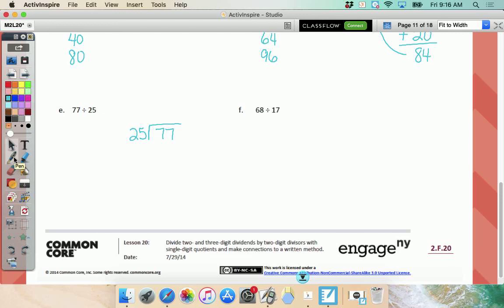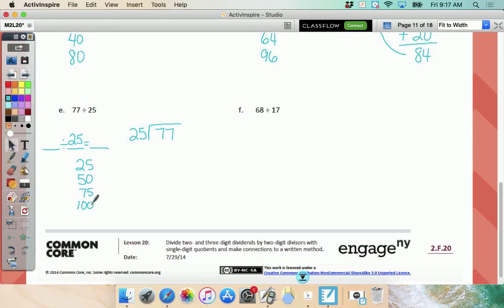So what do you think about 25? Keep it. Yeah, keep it. You know, there's no right answer. It's just what, are you good at skip counting by 25s? Yeah. Okay. It's like quarters. Okay. So help me count by 25s. Good. Stop there, I guess, because I'm past 77.